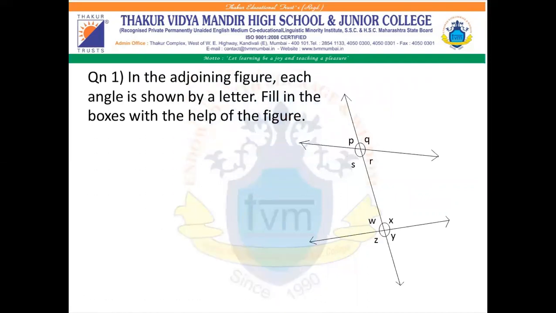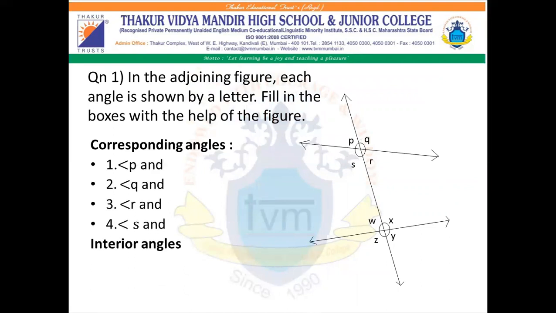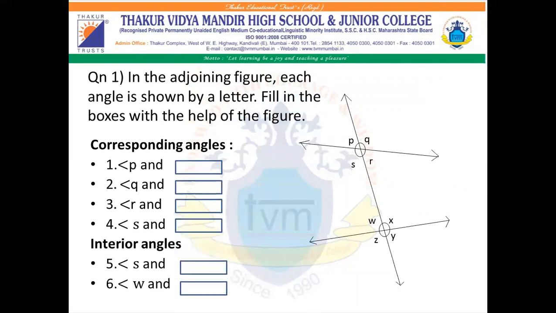Question number 1. In the adjoining figure, each angle is shown by a letter. Fill in the boxes with the help of the figure. Please look at the figure. Corresponding angles.